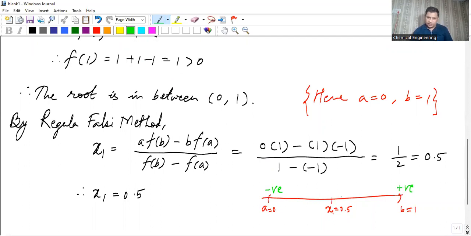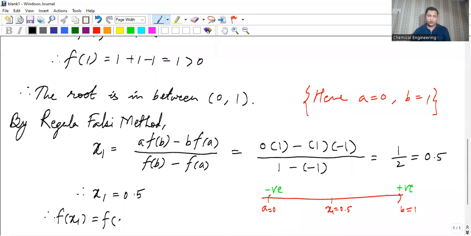You need to understand that the point where f of x is equal to 0 always lies between the negative and positive. If f of x1 is positive, then the root lies between a and x1. If it is negative, then the root lies between x1 and b. To decide which interval to choose, we need to find the value of f of x1.